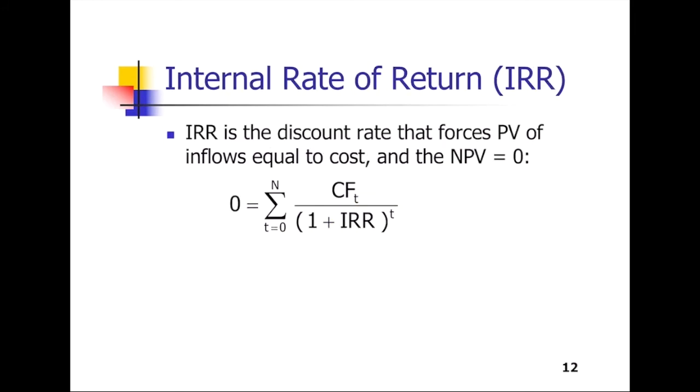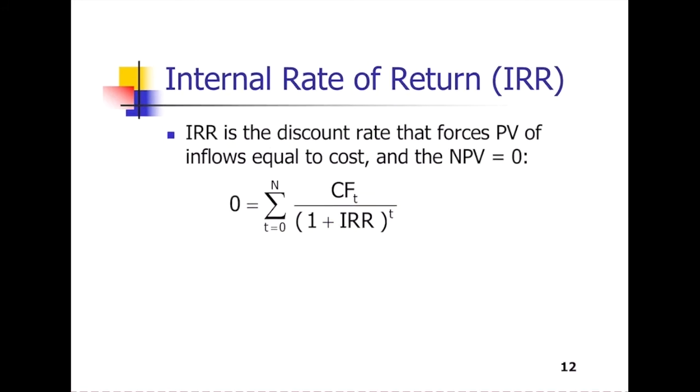Let me write it again. The NPV equation: the sum from t equals 0 to n of cash flow subscript t, and it should be discounted with what? The WACC, right? To the power t. That is the general formula.